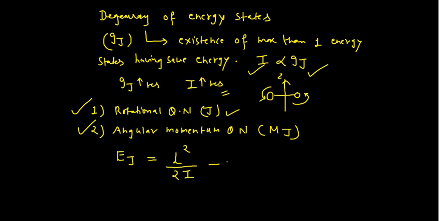You can call this equation number 1. Ej is the rotational energy, and this capital L is your rotational angular momentum.